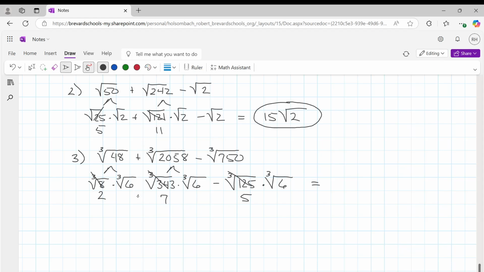So we had a plus sign here and a minus sign here. So we got 2 plus 7, which is 9, minus 5, which is 4, times the third root of 6. And there's your simplest form.